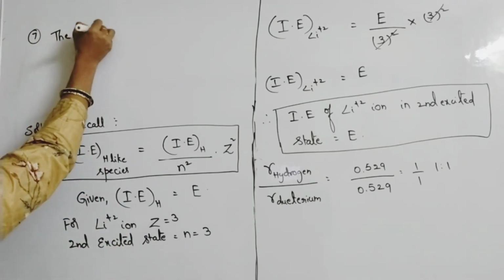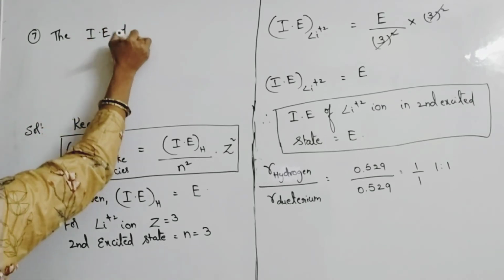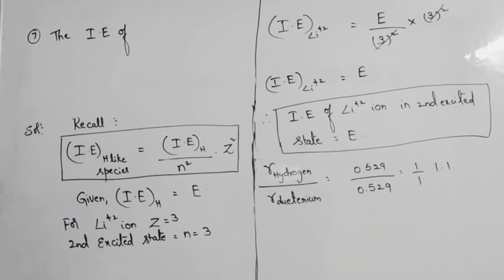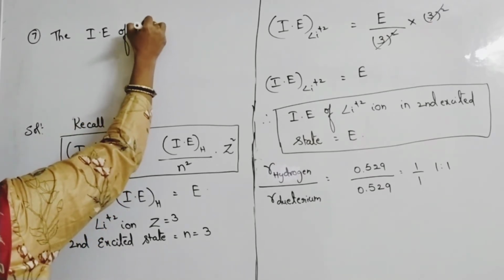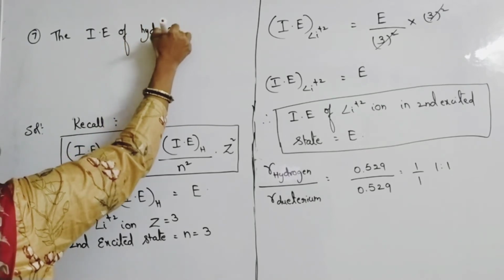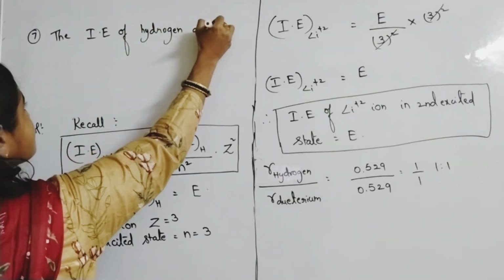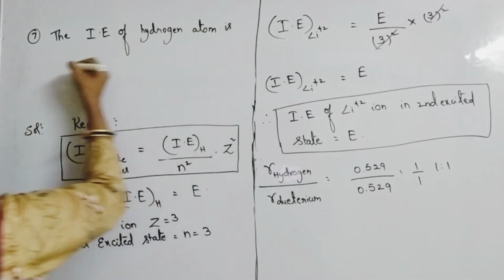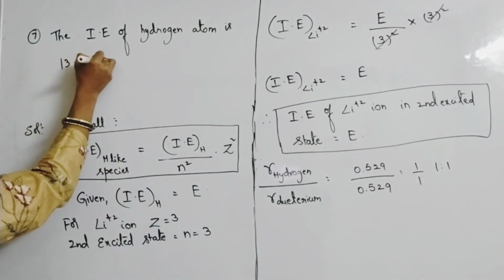The ionization energy of hydrogen atom is 13.6 electron volts.